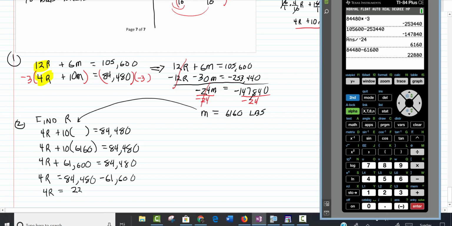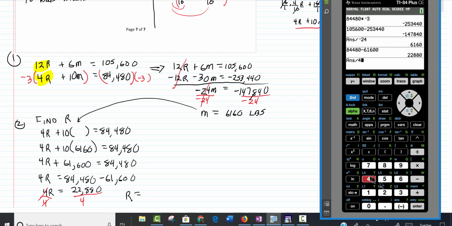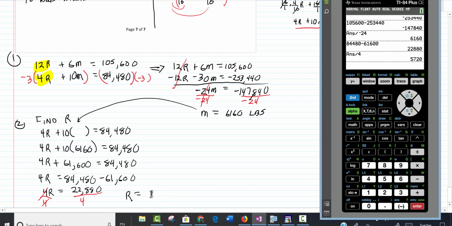And that will give 22,880. So the last thing I do is divide by 4. So I take that divided by 4. That gives me 5,720 pounds like that. All right.